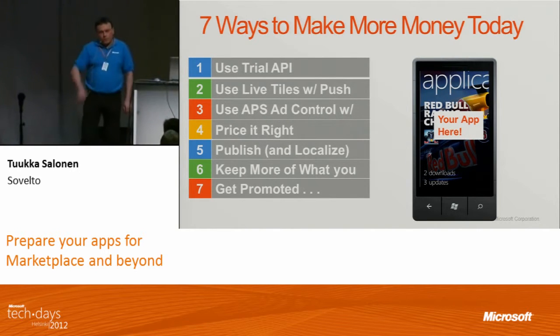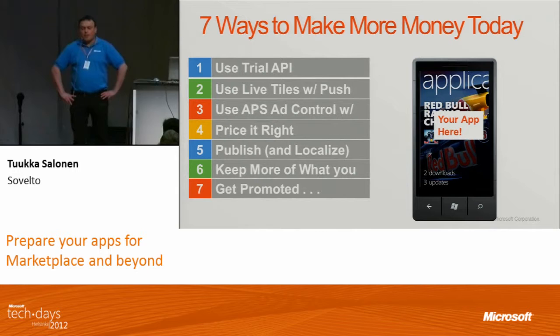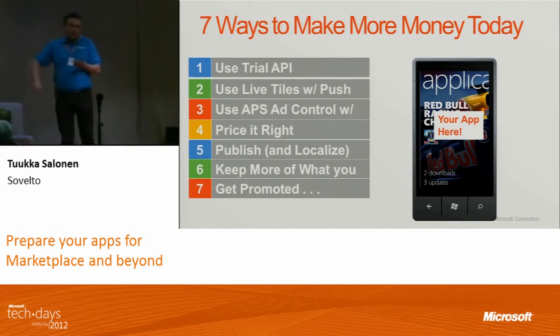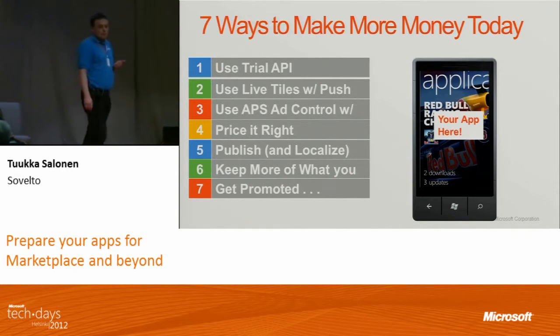It's a very good way to get your application noticed. Use them. Because many of the applications are like you download it and then you forget it. But if you have a live tile, you have some content which pops up, reminds you, the possibility that someone is using it again is much higher.